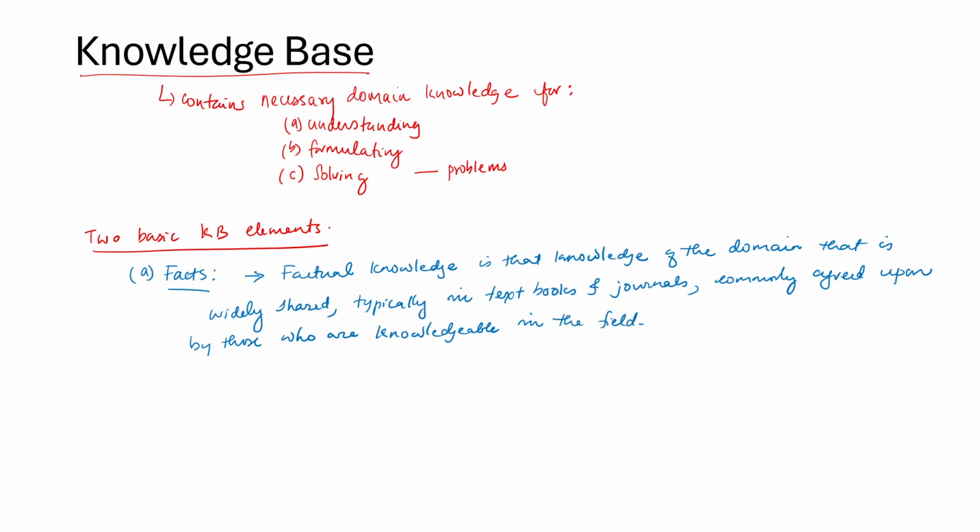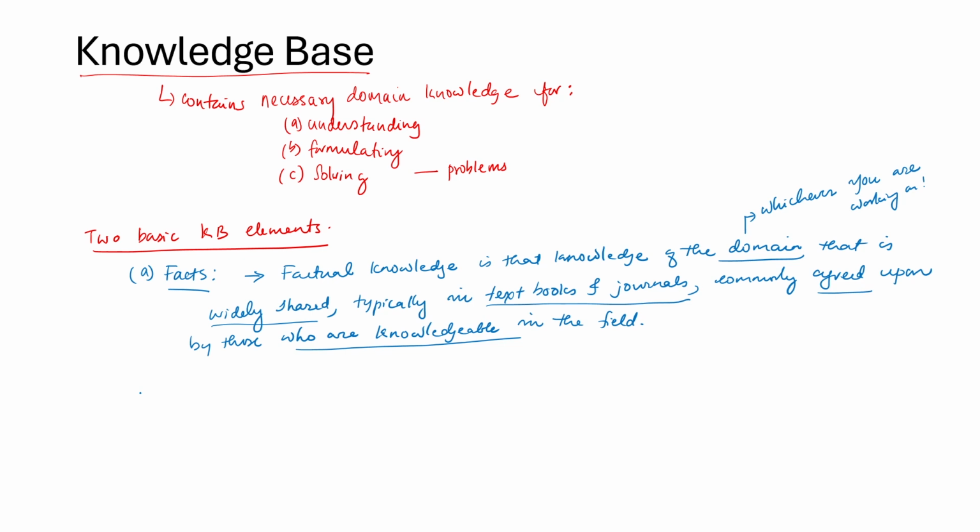Factual knowledge is the knowledge of the domain, whichever domain you are working on. That knowledge is widely shared, typically in textbooks, journals and publications. It is peer reviewed, verified, authenticated, and commonly agreed upon by those who are knowledgeable in the field. So that is the facts.